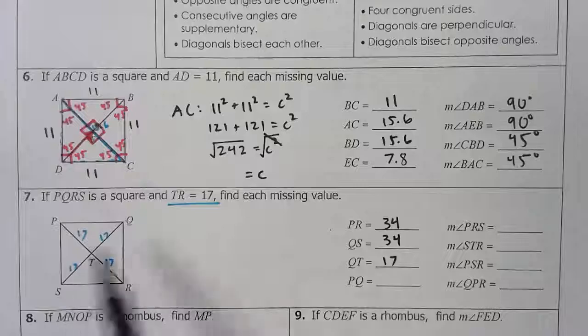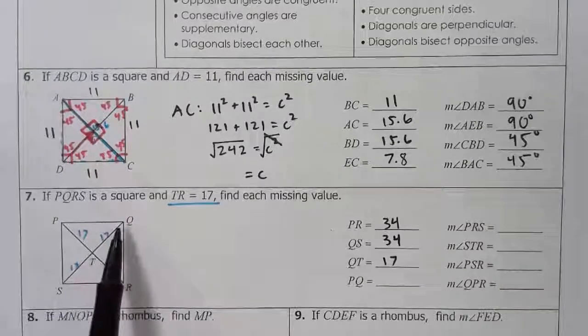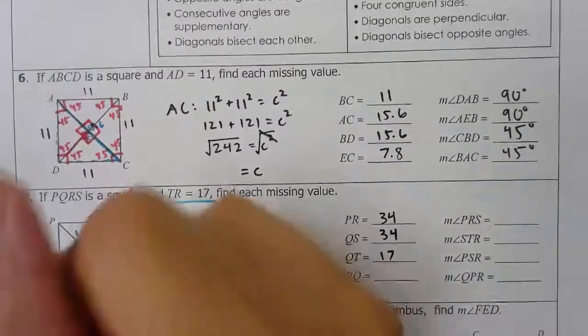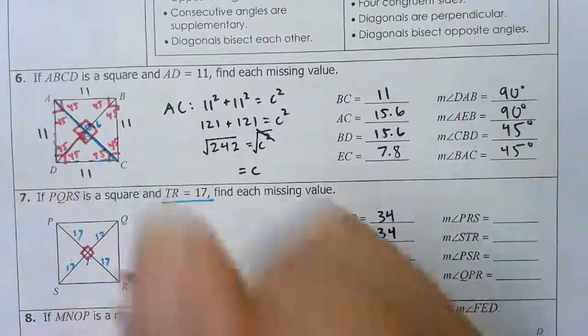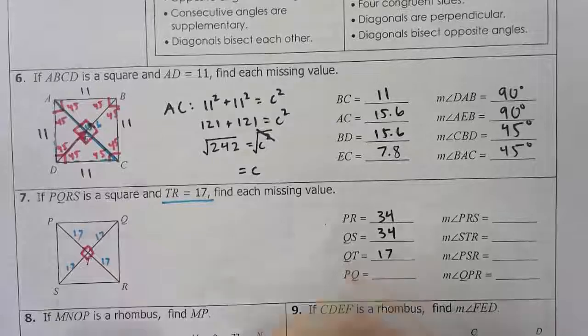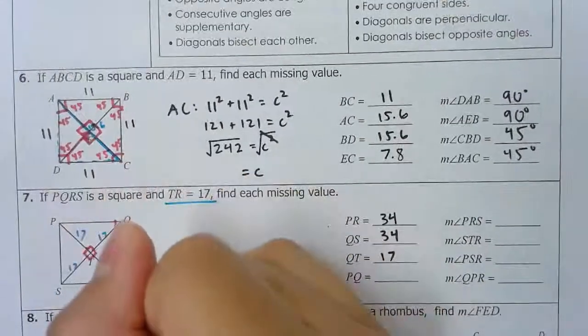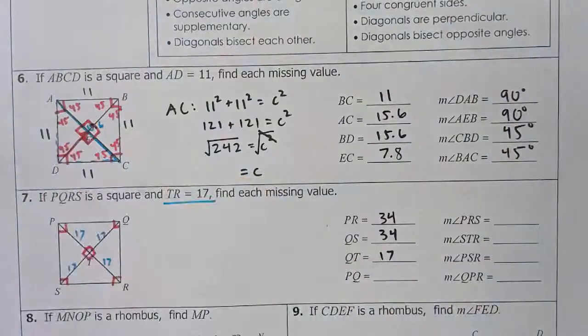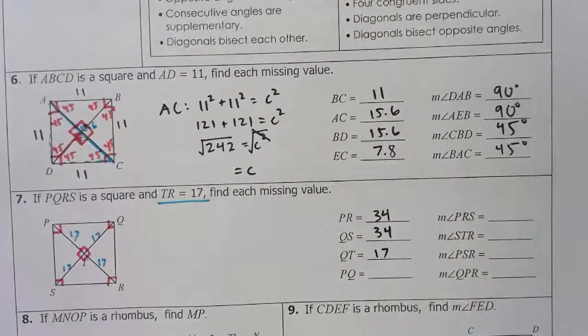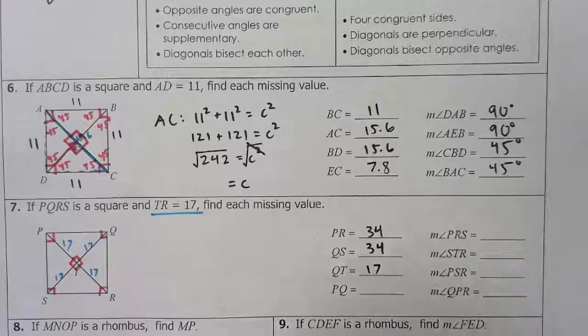PQ is the top side here. Now, reminder that I have right angles all in the center there, and then my corners are also right angles. Okay, so I'm going to highlight in blue.